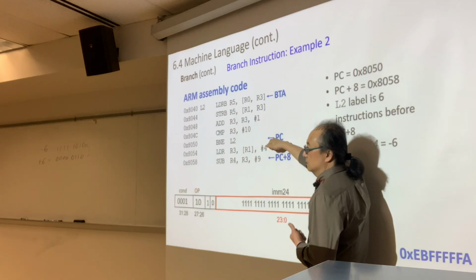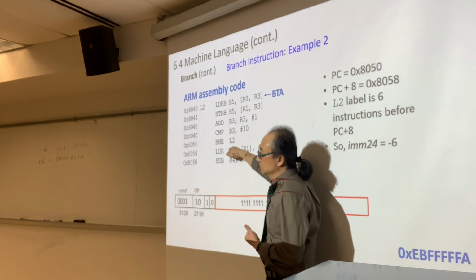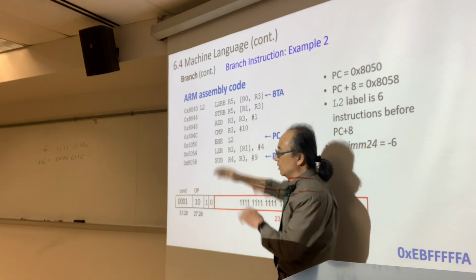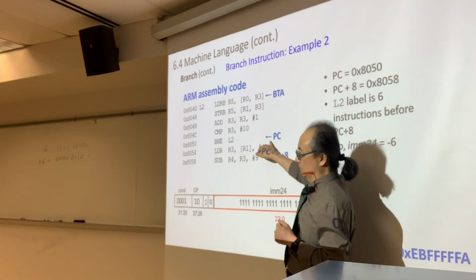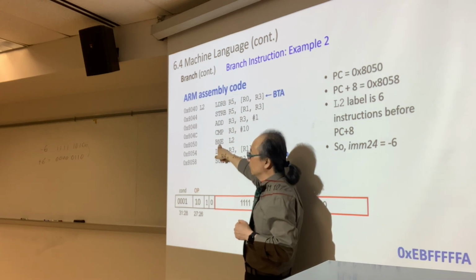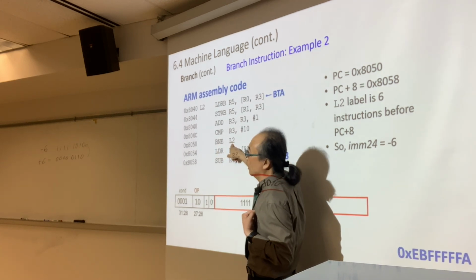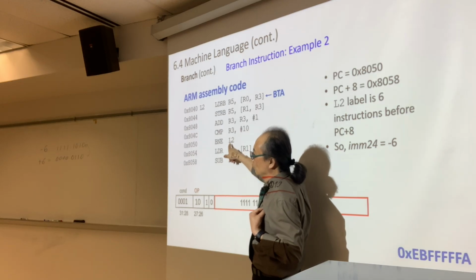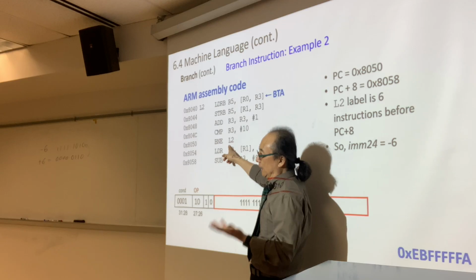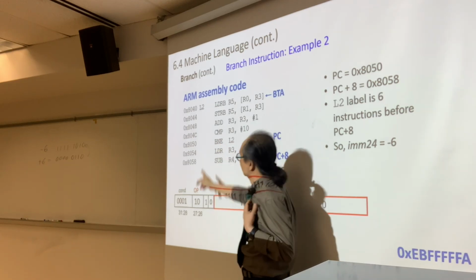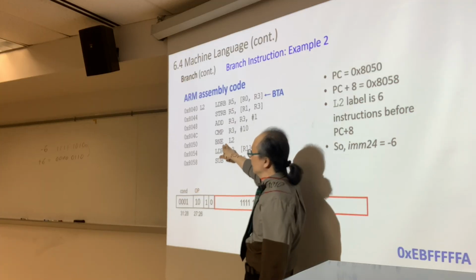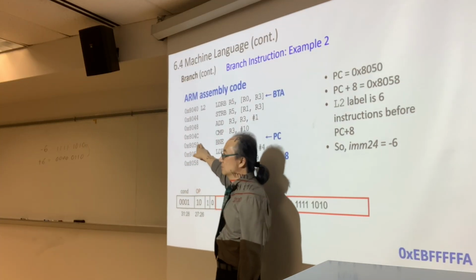Once you get to this, this is our PC value. The PC is there, but in these instructions, the PC value really doesn't matter. Why is this important? Because when we take this branch, we need to know exactly where to go. So when we're executing this, we know PC is here, meaning when executing this instruction the PC value is right there. That's a good question. The PC value is actually this one, 0x8050.